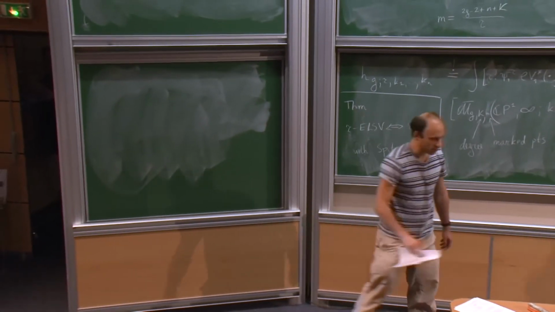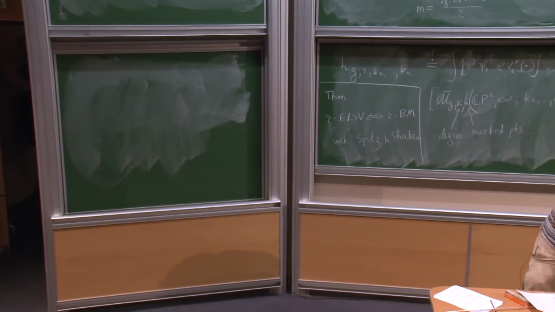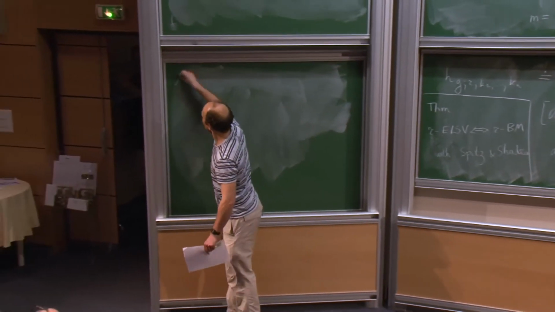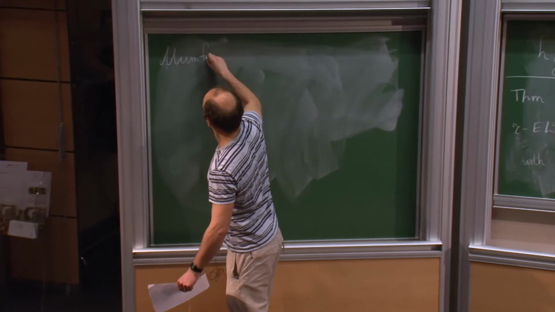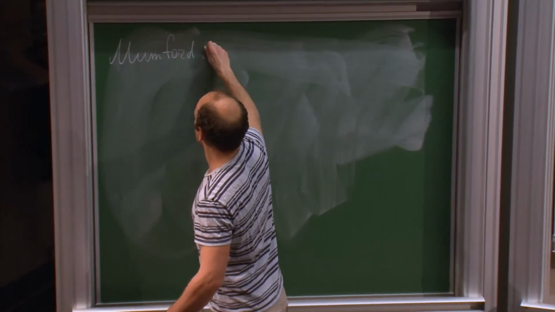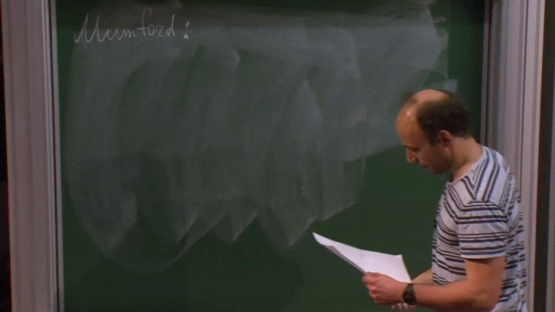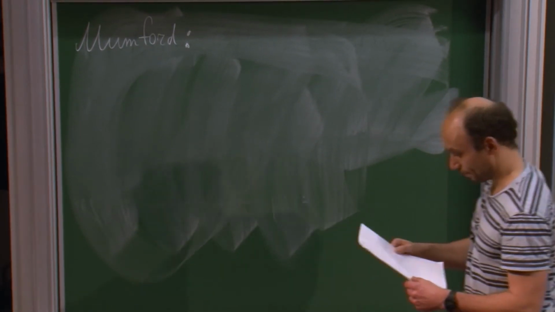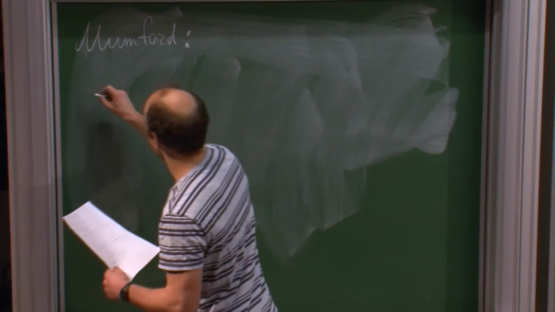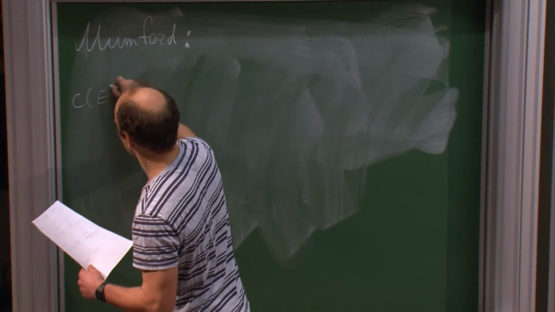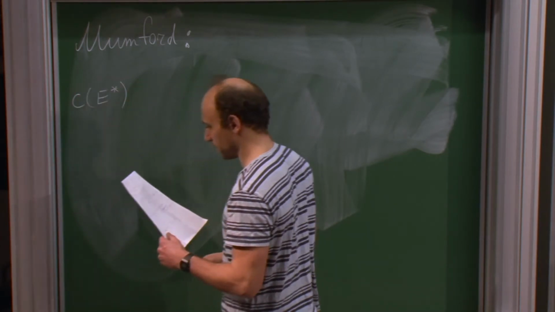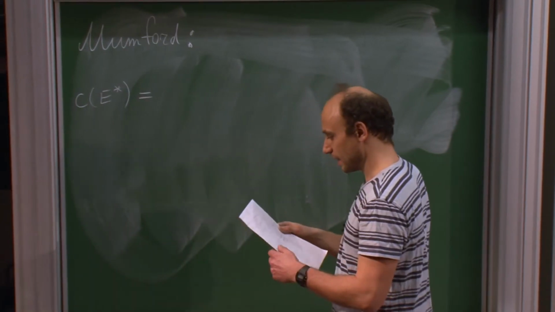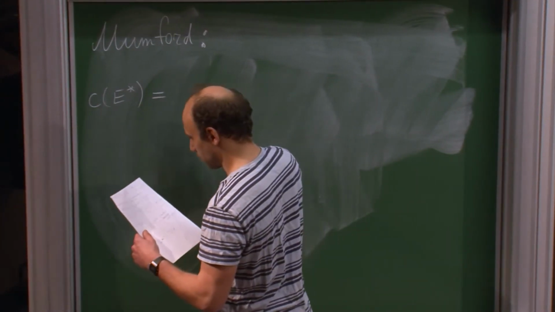So there is an expression called the Mumford formula. Mumford's formula is obtained by applying the Grothendieck-Riemann-Roch formula to the universal curve, and it gives us the Chern character, the Chern class, of the dual to the Hodge bundle.